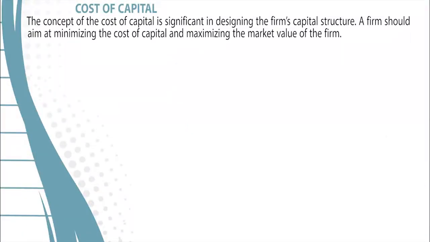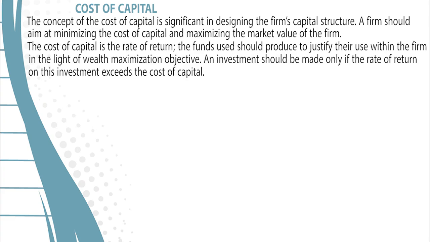So the concept of the cost of capital is significant in designing the firm's capital structure. A firm should aim at minimizing the cost of capital and maximizing the market value of the firm. So the cost of capital is a rate of return.